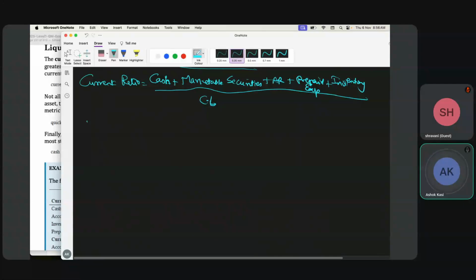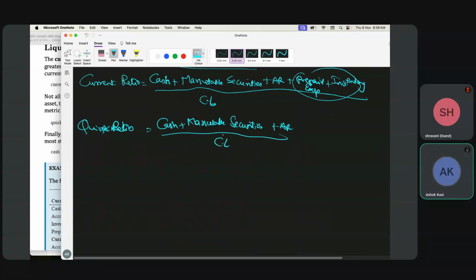Okay, now here quick ratio is equal to cash plus marketable securities plus accounts receivable. These two will not come, divided by current liability. So this is a stricter way. Cash ratio means accounts receivable will not come.